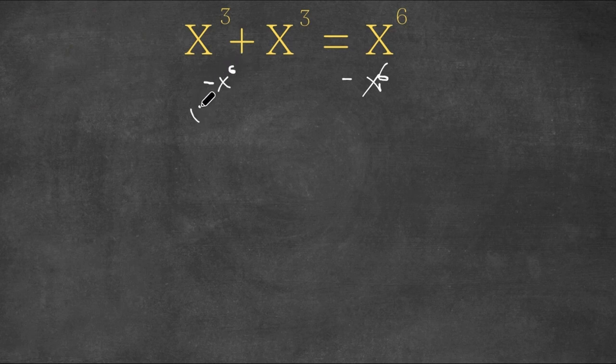So this results in us having x to the power of 3 plus x to the power of 3 minus x to the power of 6 equals 0.